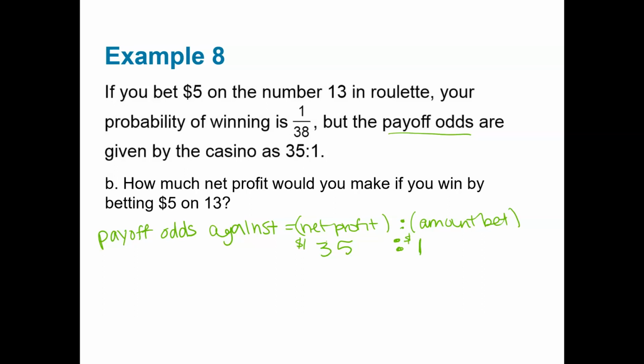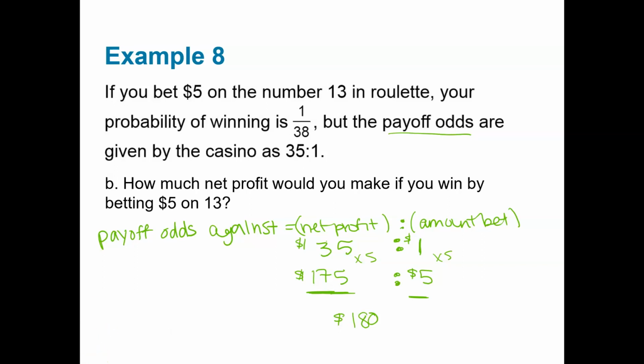If I'm doing a $5 bet, I multiply that by 5, and I get 175. Now, that's the net profit. But how much am I actually taking home? I'm going to take this home, but I also get to take back my bet. They asked for net profit, but 180 would be how much I would win there in total.